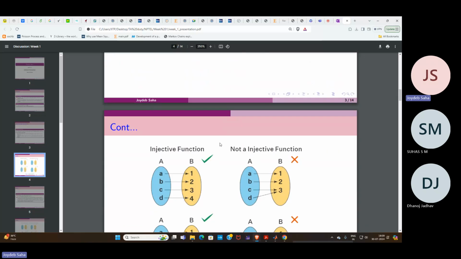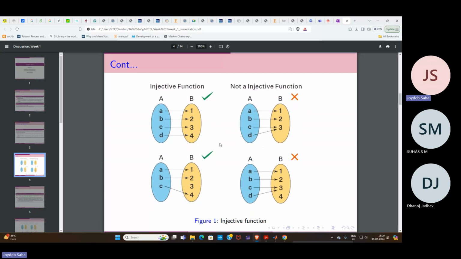So for example, we can see this. Look at this. If A has four elements, A, B, C, and D, and B has four elements, 1, 2, 3, and 4. Look at the first image. We can say that this is an injective function.